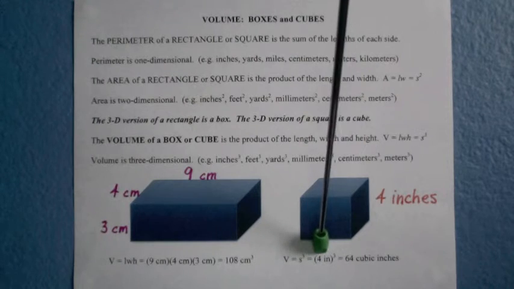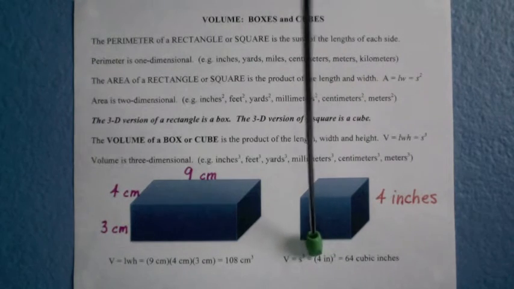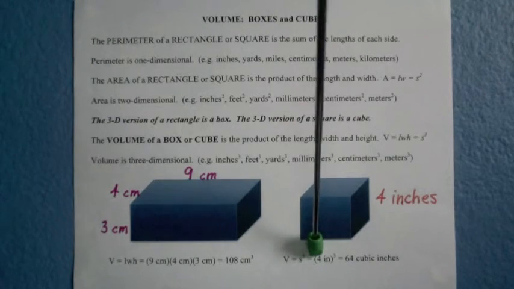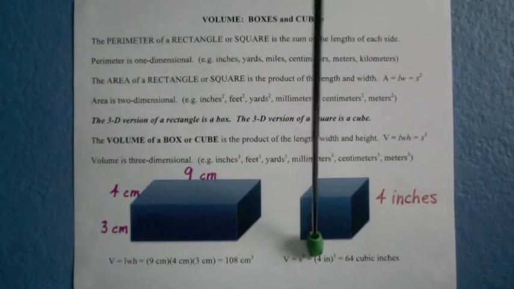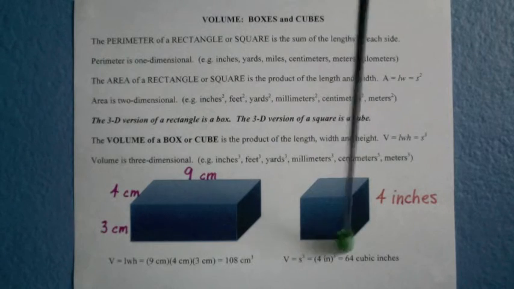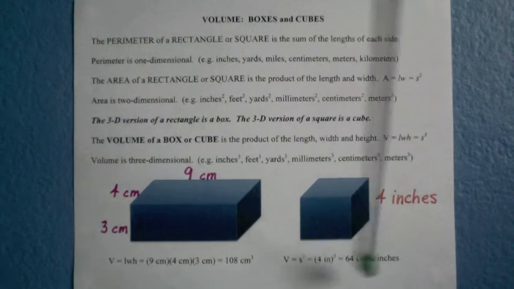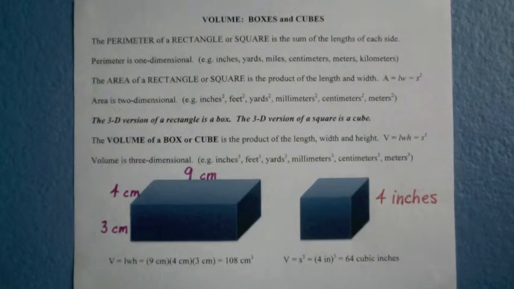So it's 4 inches cubed. 4 cubed is 64. 4 times 4 is 16 times 4 is 64. Inches cubed, cubic inches. You can say it either way.